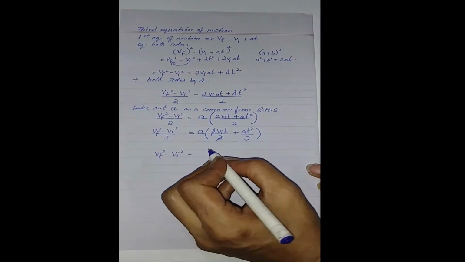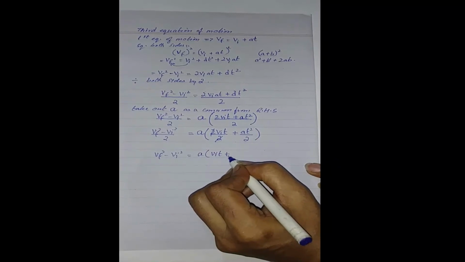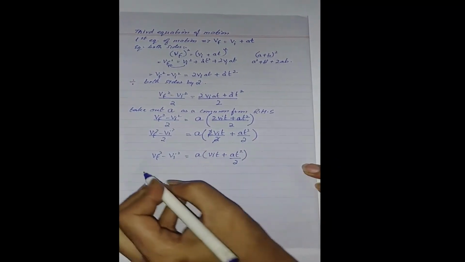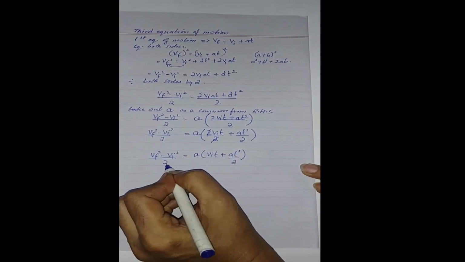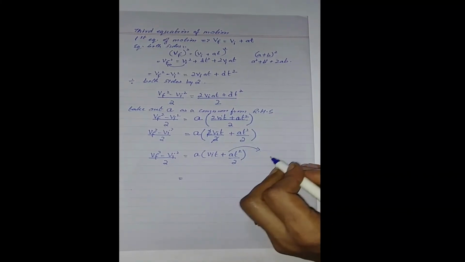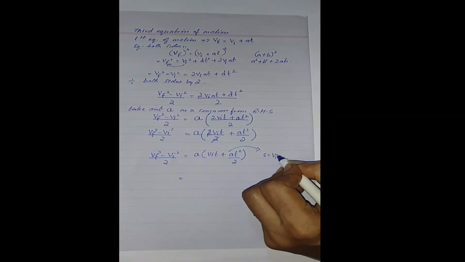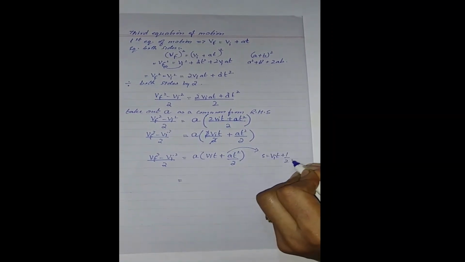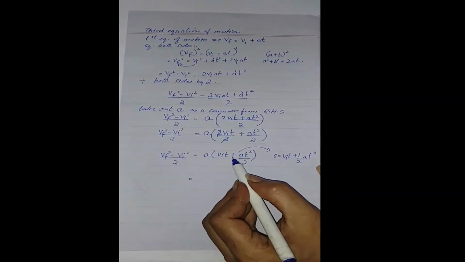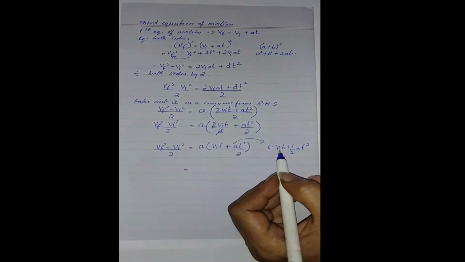So the form of the equation will be a times (Vit plus at square upon 2). This we already know, that the second equation of motion is S is equal to Vit plus half at square.